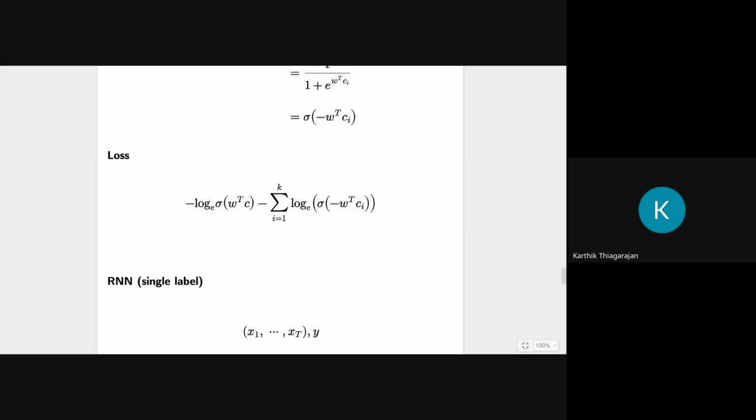You look at your vocabulary; if there are 4 words in the vocabulary, each word will occur with a certain frequency in your corpus. You are going to sample based on that unigram frequency, but it's not just that. There might be extremely rare words which have very low probability.